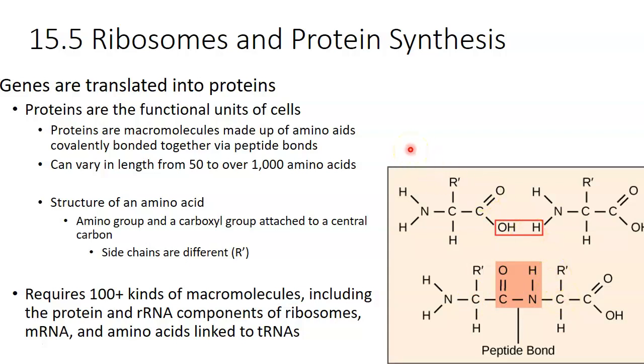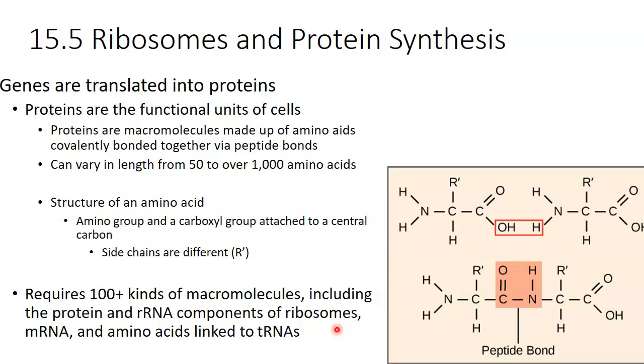Proteins can vary in length. They can be anywhere from 50 to over 1,000 amino acids in length. Again, we have a 20-letter alphabet that's going to determine how the amino acids are going to be put together. All of that is going to be determined by the mRNA transcript. Okay, so this process of protein synthesis, this process of translation, in reality, it's going to require over 100 kinds of macromolecules.